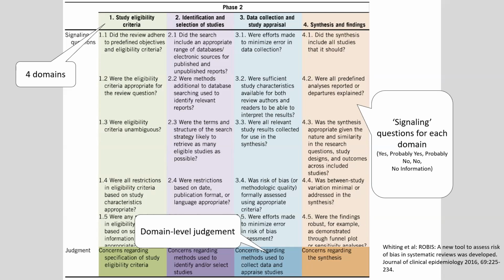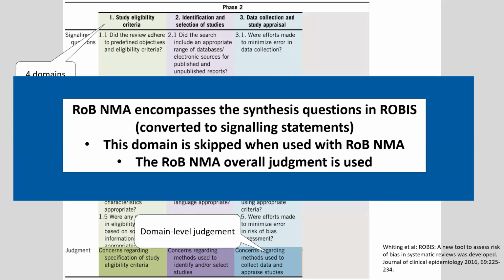I just wanted to mention that we have all those synthesis questions, so that definitely needs to be skipped in the ROBIS tool. And then our RoB NMA tool has an overall judgment that incorporates this ROBIS judgment as well.